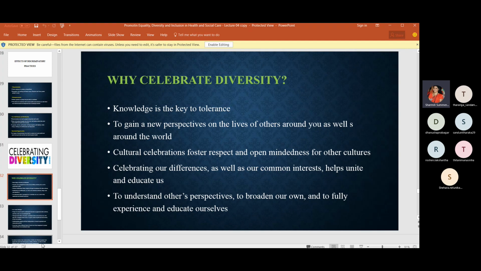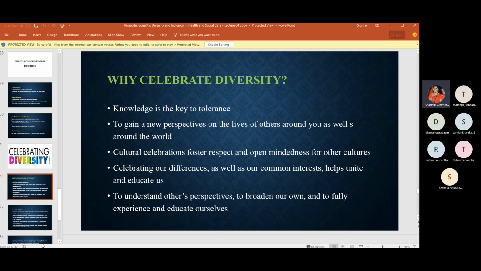Cultural celebration fosters respect and open-mindedness for other cultures. The same. So we can have an open mind, because if you start to celebrate diversity, then you can have new understandings about one's own culture, and your previous assumptions and prejudices will all collapse, and you can change your thoughts as well.